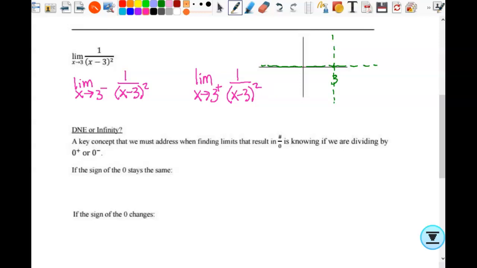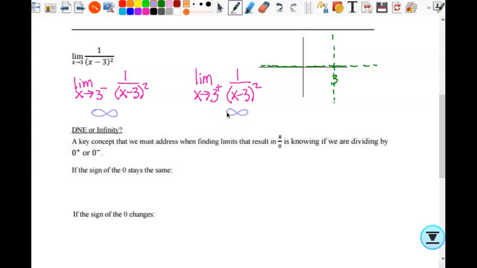So let's think about this. If I substitute in 2.9 or whatever like I did before, because I'm coming from the left-hand side, 2.9 minus 3 is a negative number, right? But then you square it, so what happens? It becomes positive, so this is infinity. I put in 3.1, I subtract 3, it's positive, I square it, it stays positive, it's infinity.